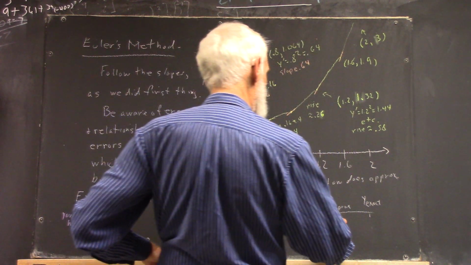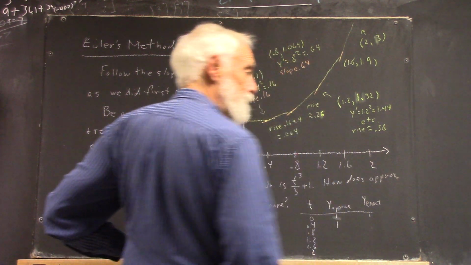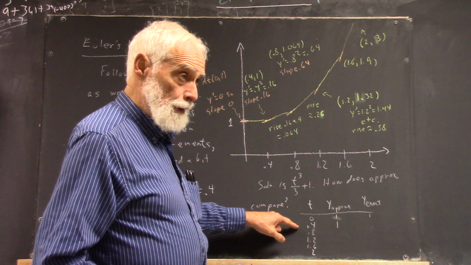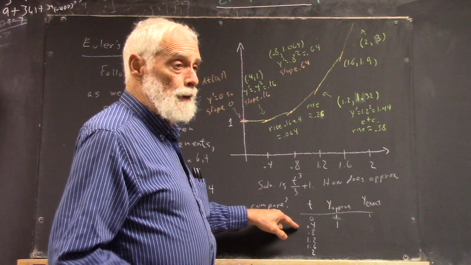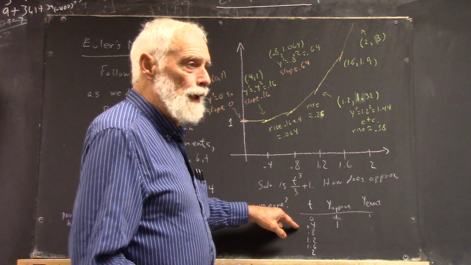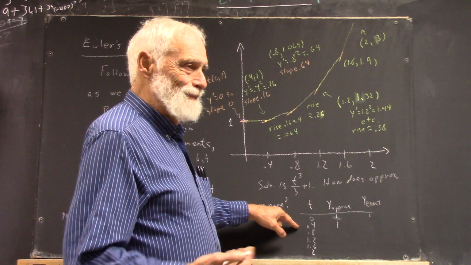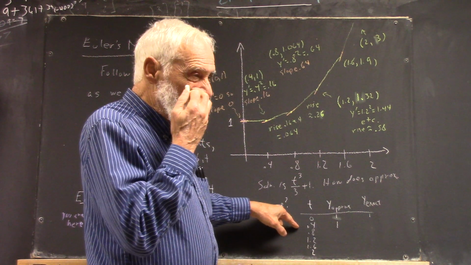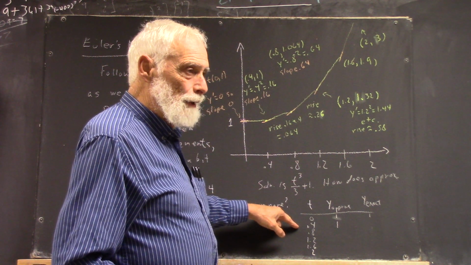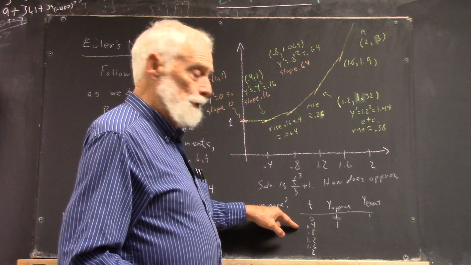At 0.4, our approximation is still 1, but the exact is 0.4 cubed over 3 plus 1. Okay? Well, 0.4 squared is 0.16, and 0.4 of that is 0.064. And then divide 0.064 by 3, and you get about 0.021, okay?